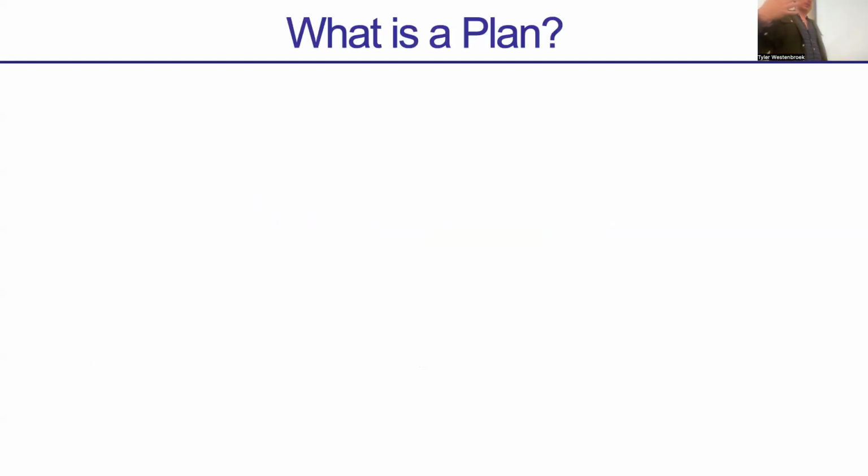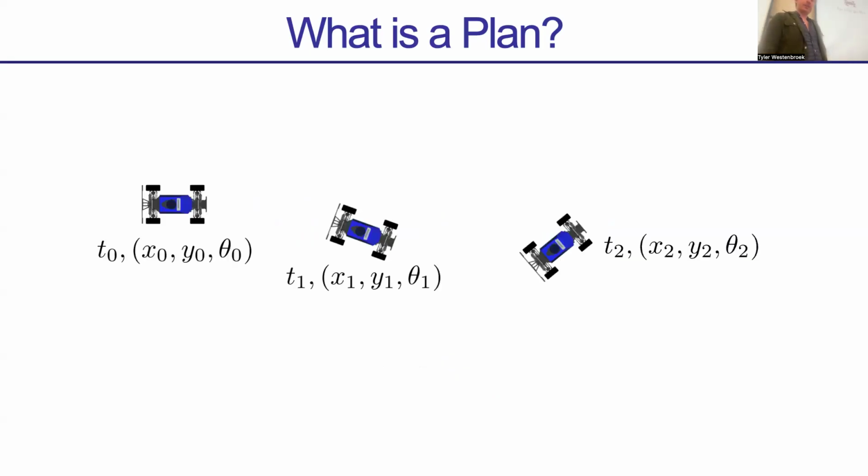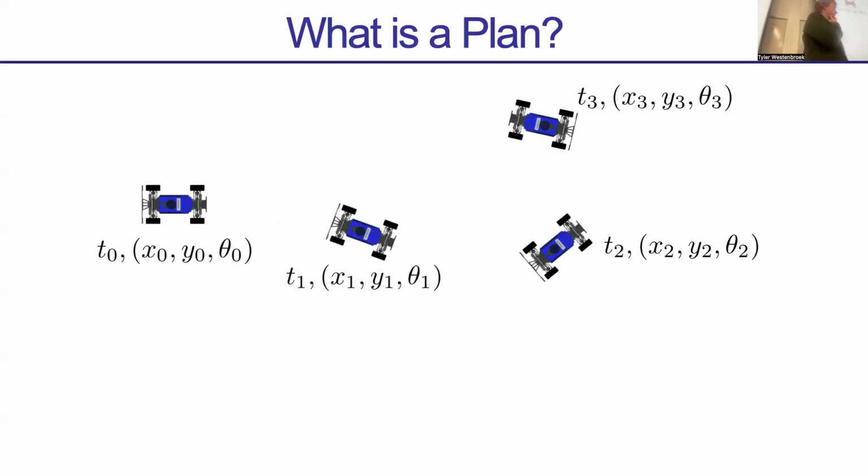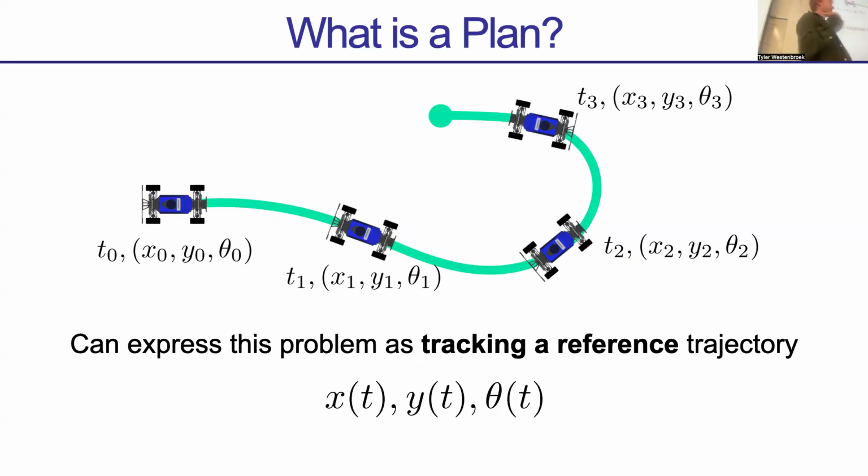So to make this a little more concrete again, a plan is something we want our robot to do in the future. So this would be, I want my car to be at certain points in time in the future. And a plan is really some representation of that thing that I want to do in the future.